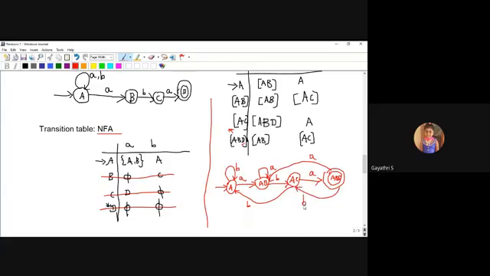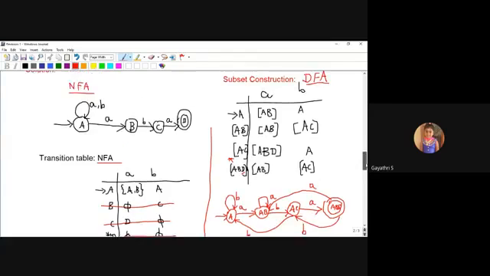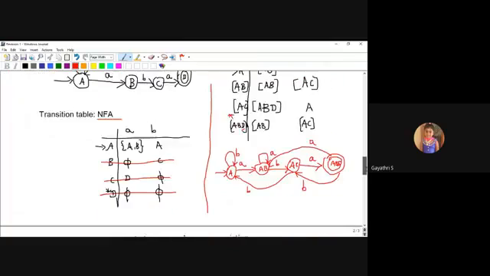See, this is the DFA for the set of strings that end with ABA. If I take the string ABA: A, then B goes to AB then AC, and the next A goes to ABD, accepted.